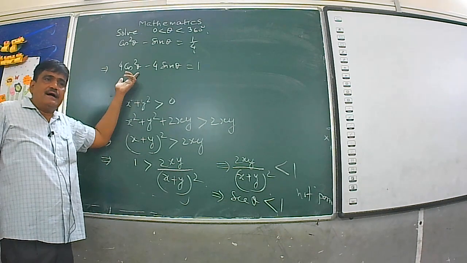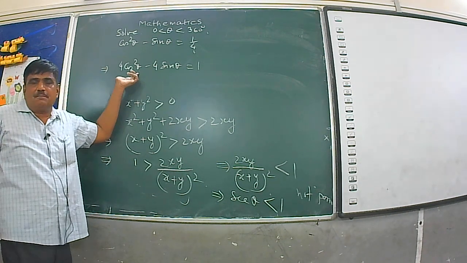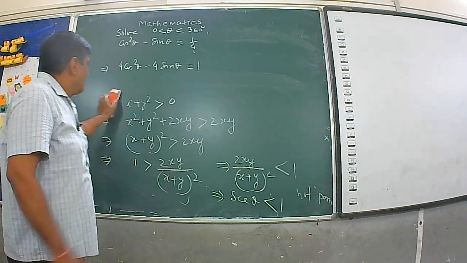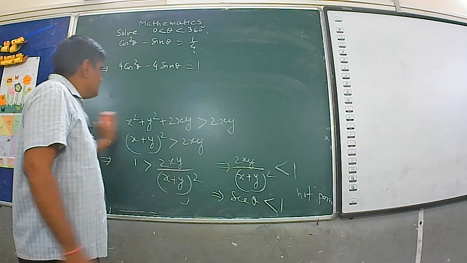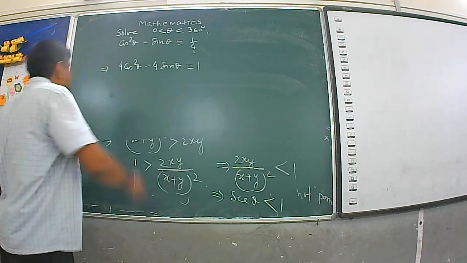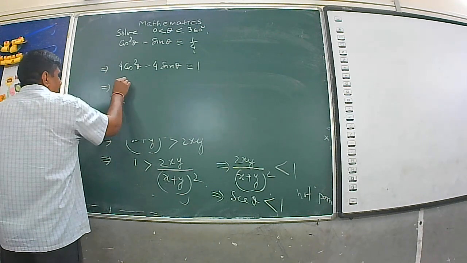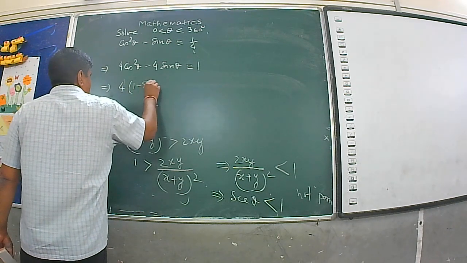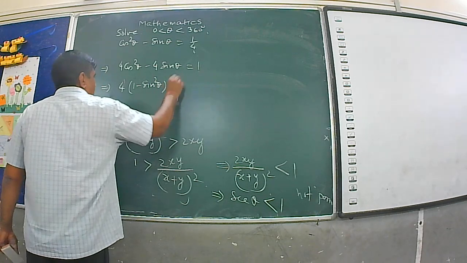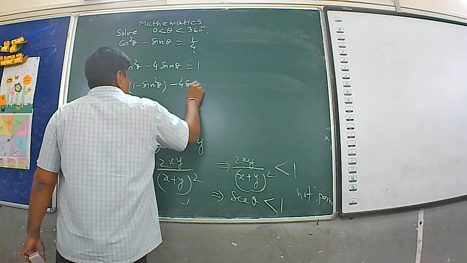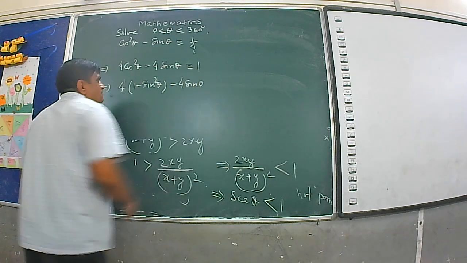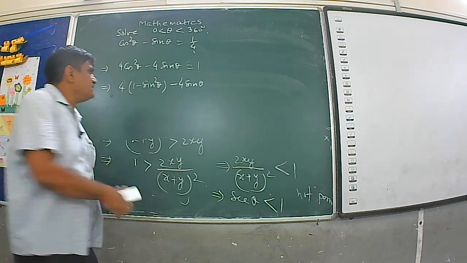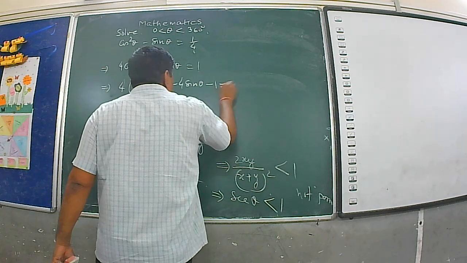And from the identity, sin square theta plus cos square theta is equal to 1, therefore cos square theta is equal to 1 minus sin square theta. Here, right side plus 1, in left hand side minus 1 equal to 0.